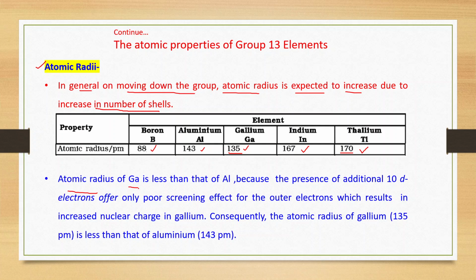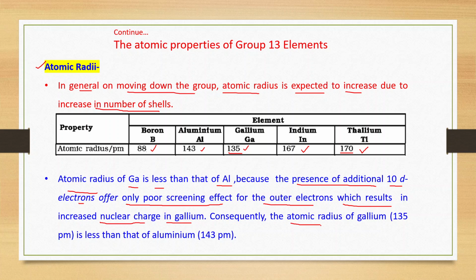Atomic radius of gallium is less than that of aluminium. What is the reason? The presence of additional 10 d electrons, as we already discussed in the electronic configuration, offers only a poor screening effect, also known as shielding effect, for the outer electrons, which results in increased nuclear charge in gallium.